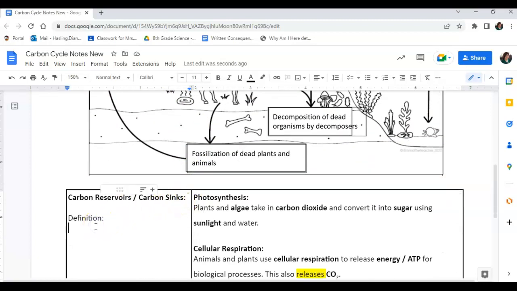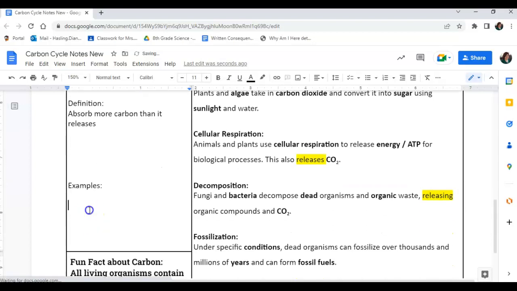The last part here is the carbon reservoirs or carbon sinks. They mean the same thing. They're going to absorb more carbon than they release. Okay, your examples of that are going to be the atmosphere and the hydrosphere.